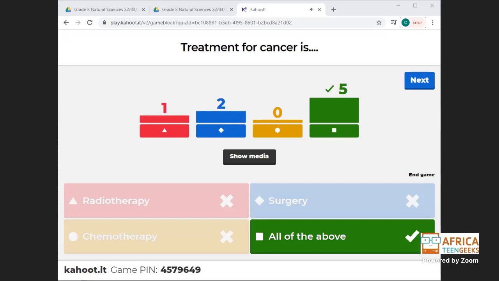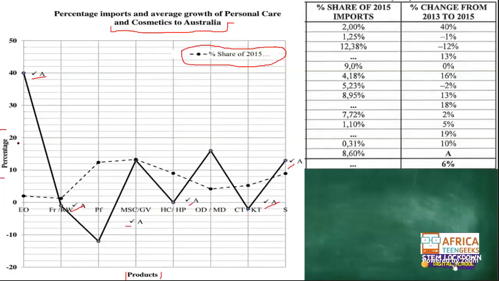So to those who answered radiotherapy and surgery, note this so that your results and your graph would come out properly. These are the things to look out for in case you have to draw the graph yourself from scratch. That is just a tip for you.